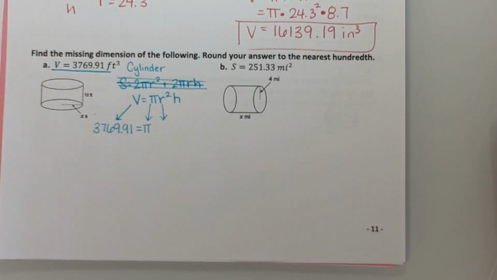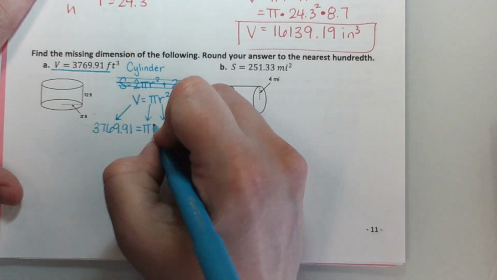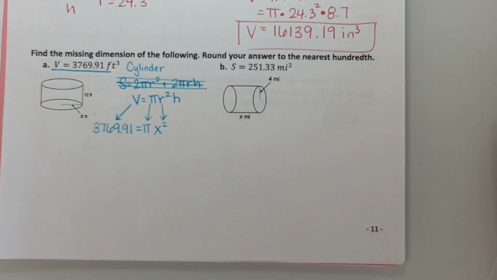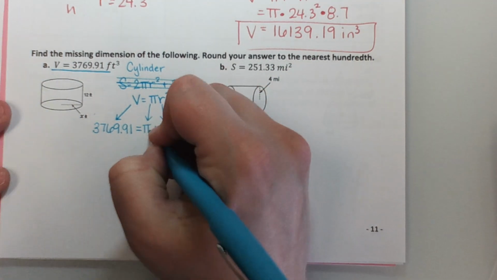Connor, what is the radius of this cylinder? It is just x. So when I do radius squared, it's x squared. Aiden, what's the height of this cylinder? 12.